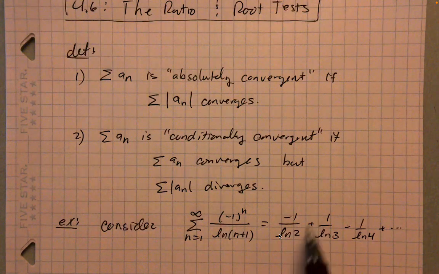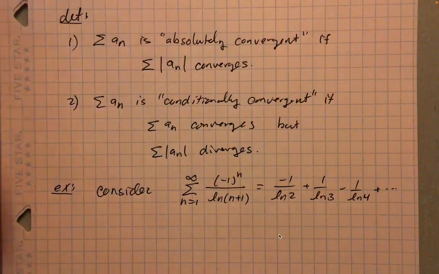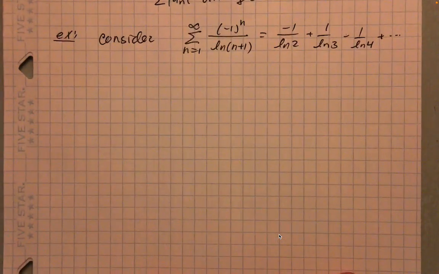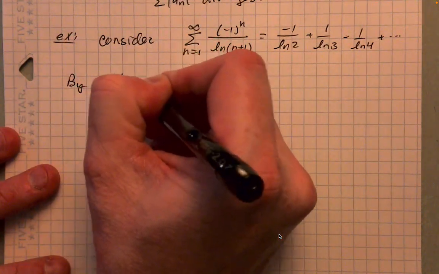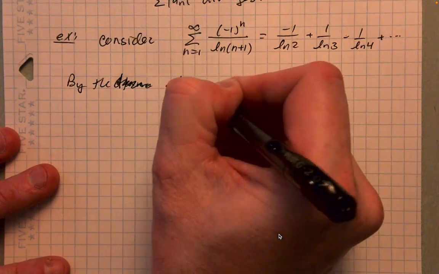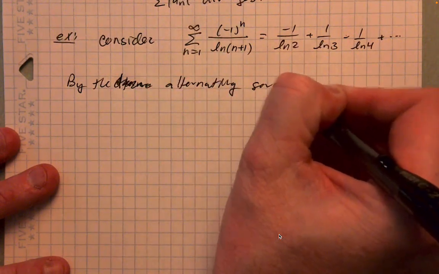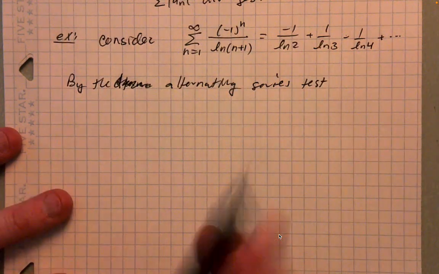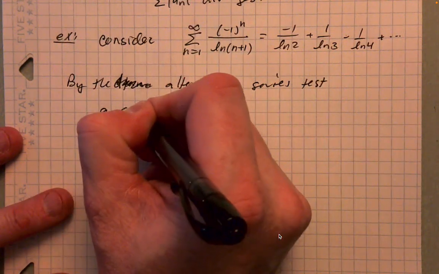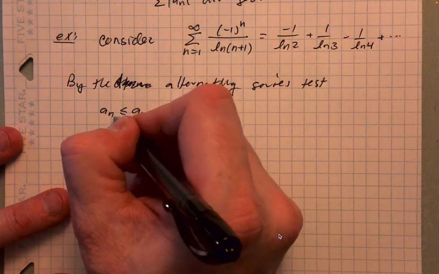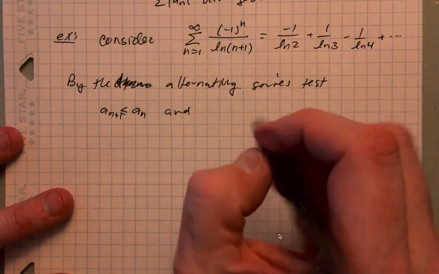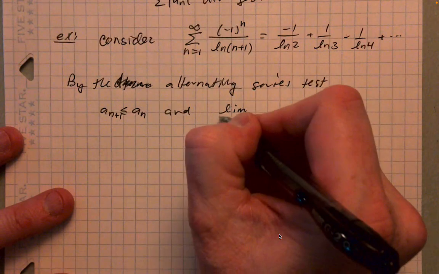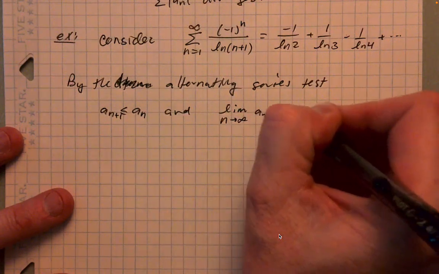The terms oscillate back and forth. It's an alternating series, so we can use the alternating series test to test for convergence. By the alternating series test, we know that a_(n+1) is less than or equal to a_n, and the limit as n goes to infinity of a_n is equal to 0.